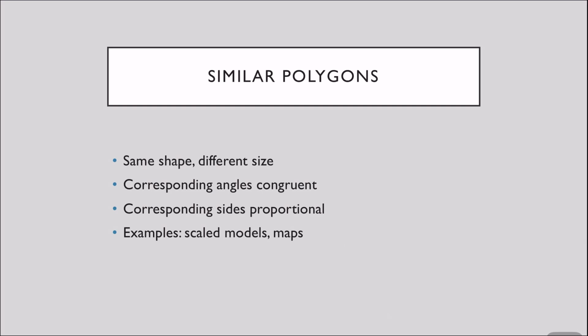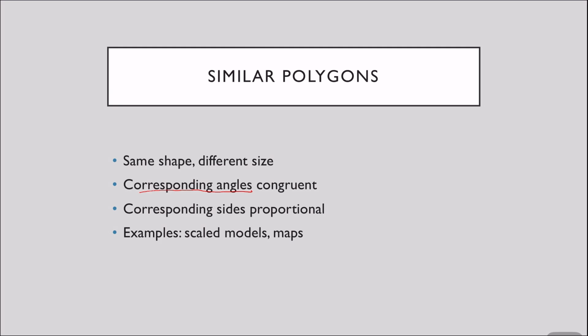When we talk about similar polygons, just like when we talk about similar triangles in the past, they have the same shape because of the angles. They have the same angles, but they are different in size because their lengths may be different. Okay, but the thing is, their corresponding angles are congruent.